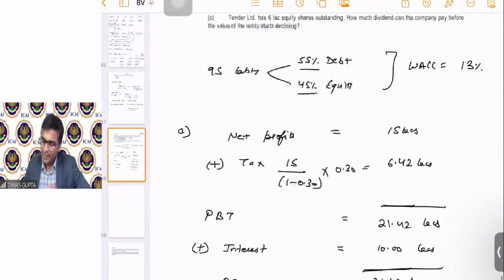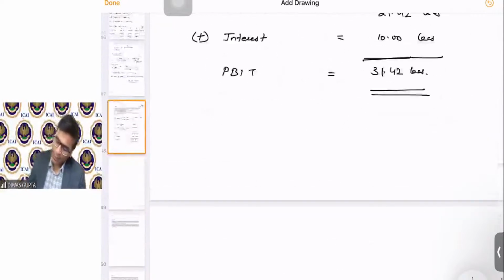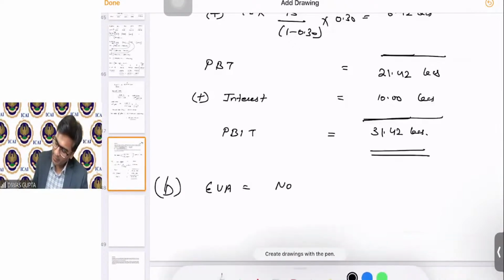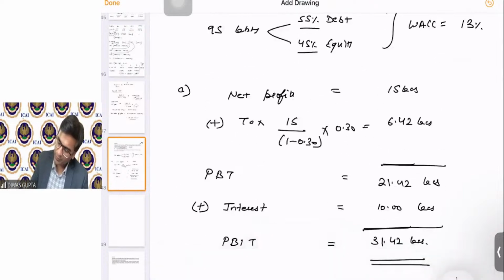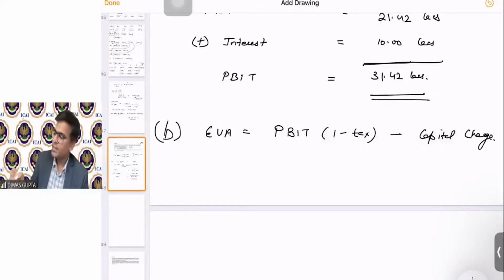Then second part, compute the EVA, economic value added. So for calculating EVA, we have to make use of, okay, let's write PBIT into one minus tax, right? Minus capital charge, right?